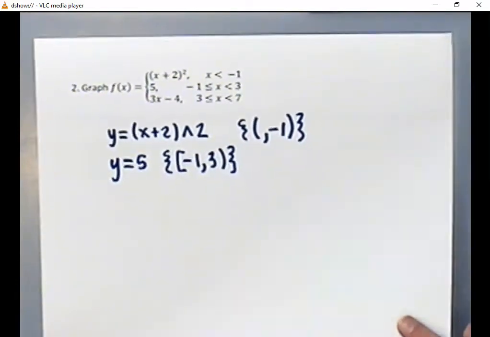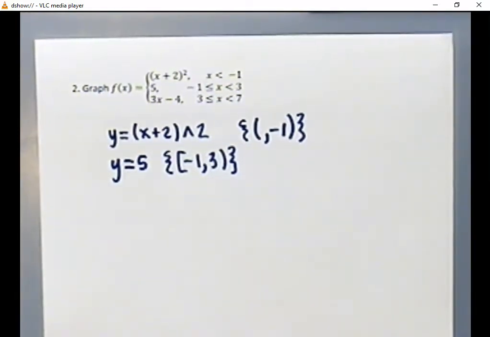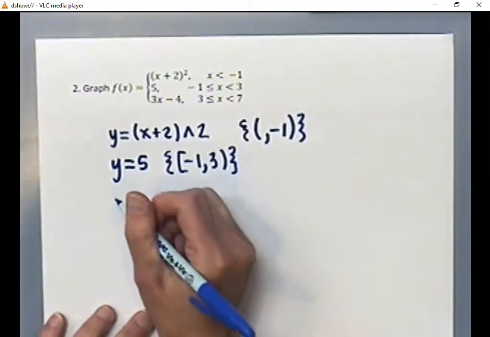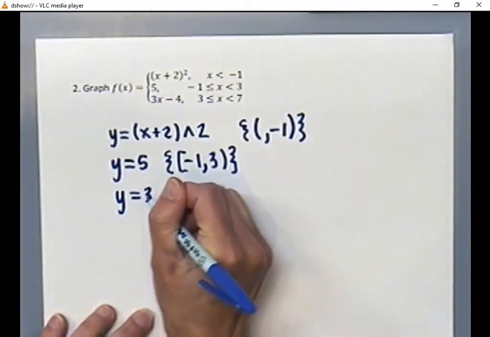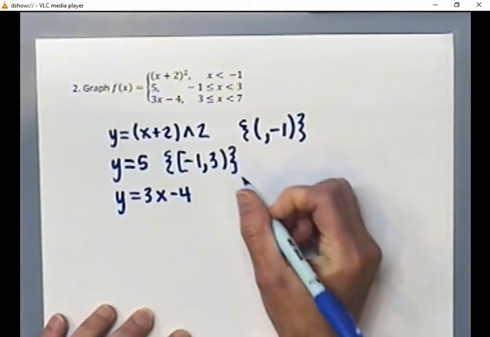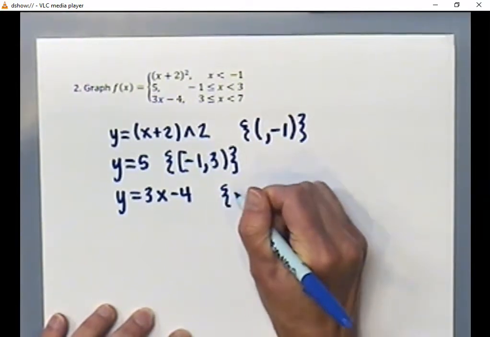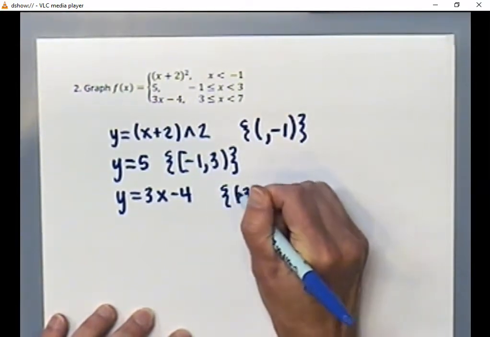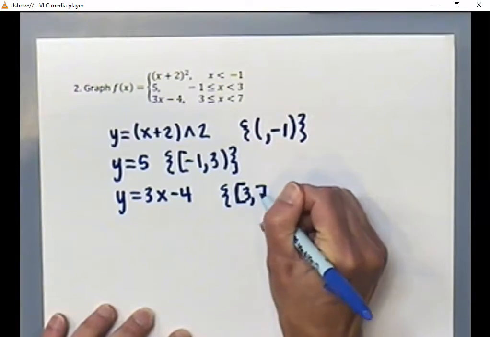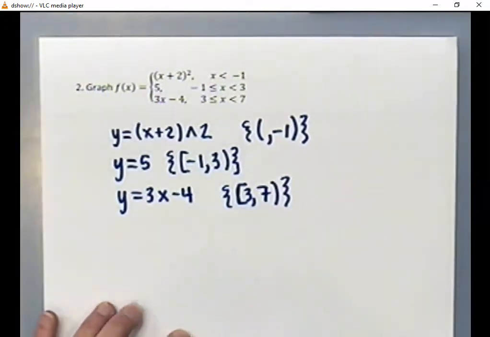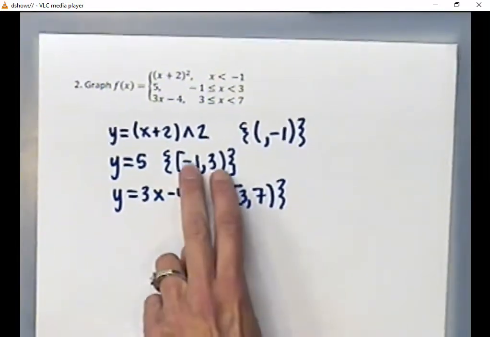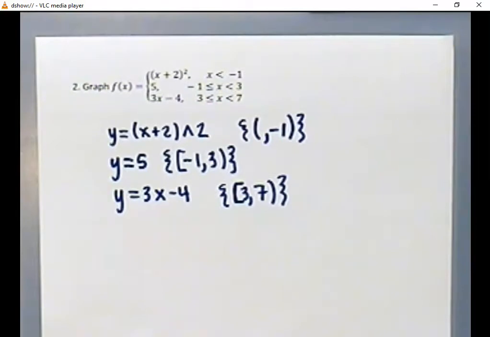So that's the syntax they use in Graphmatica to get those different domains. And then for 3x minus 4, I'd put in the equation, and then I'd have these braces from 3, so 3 would have a bracket, and then 7 would be a parentheses. So that's the syntax they use on Graphmatica. They basically use interval notation, but to separate it, they always put it in braces for particular domains.